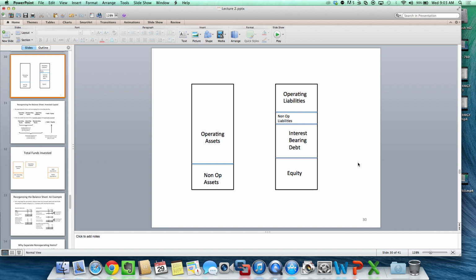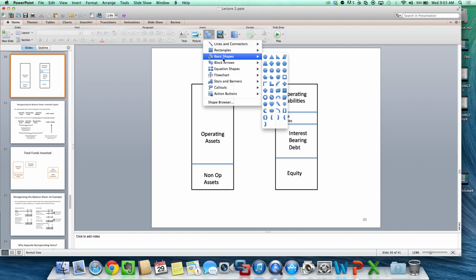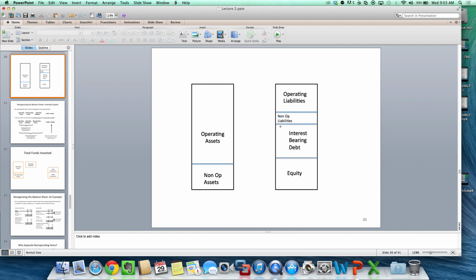Now, why do we do this? Well, here's primarily the reason. In a traditional world, this is called traditional invested capital.